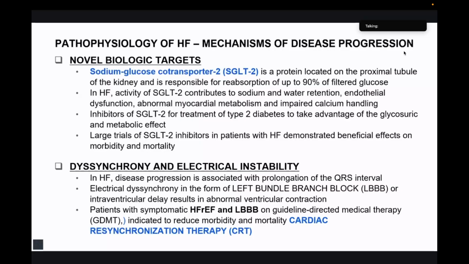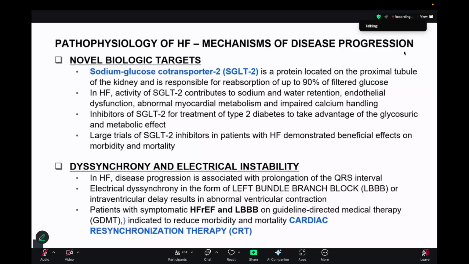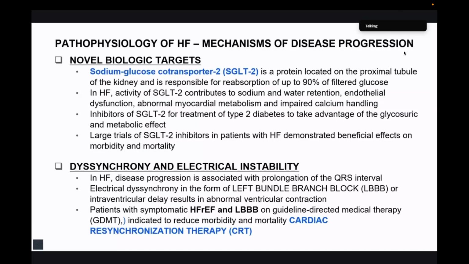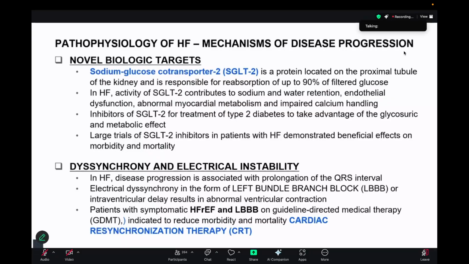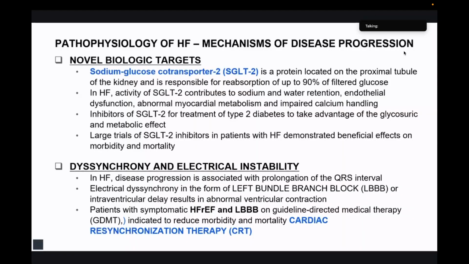It can lead to endothelial dysfunction, abnormal myocardial metabolism, and impaired calcium handling. Hence, the inhibitors of SGLT2 for the treatment of type 2 diabetes take advantage of the glycosuric and metabolic effects. Large trials of SGLT2 inhibitors in patients with heart failure have demonstrated beneficial effects on the morbidity and mortality in heart failure.